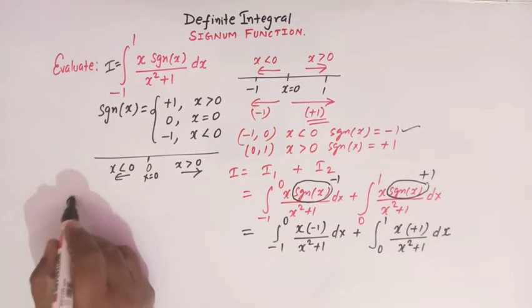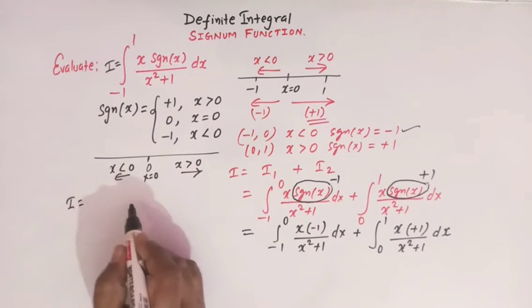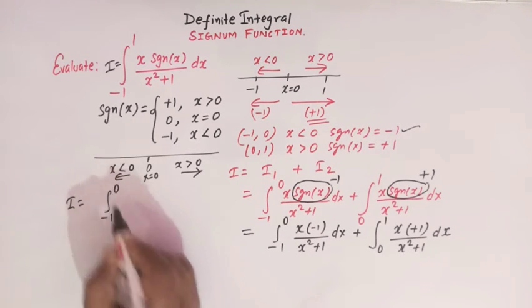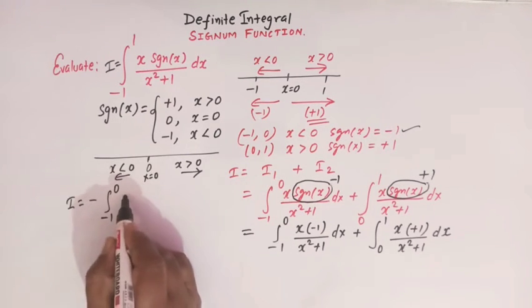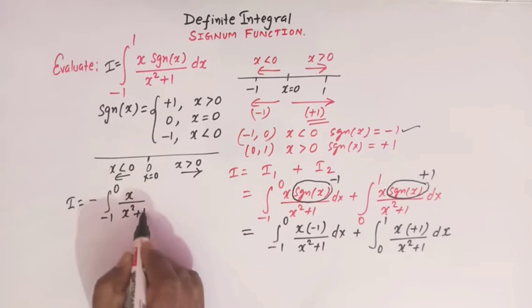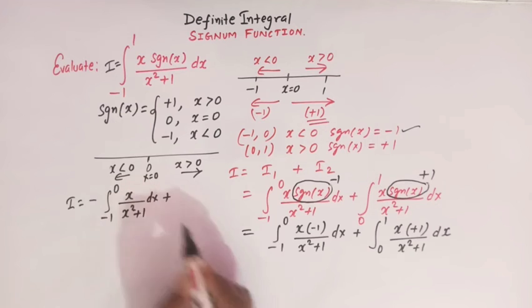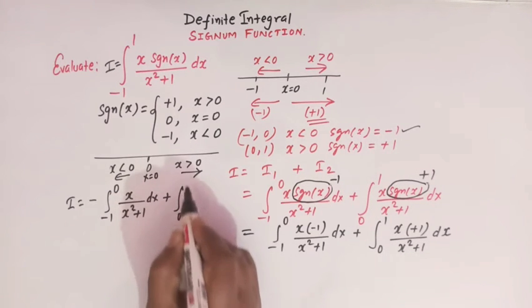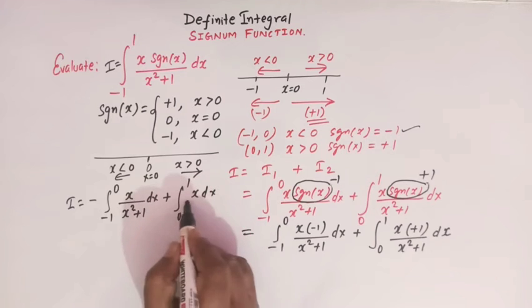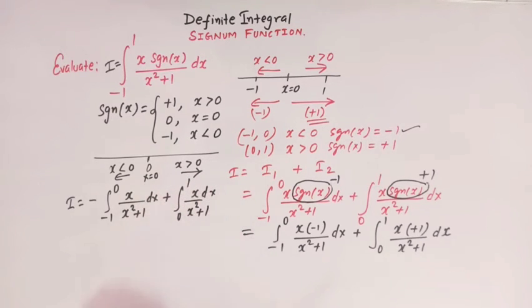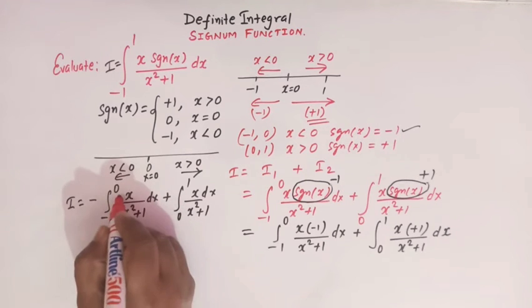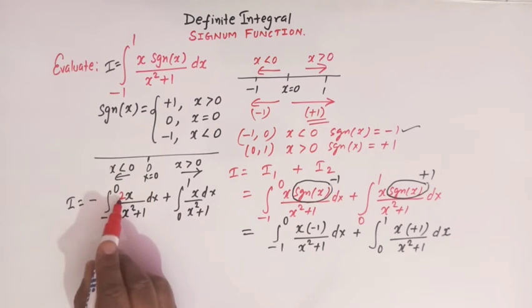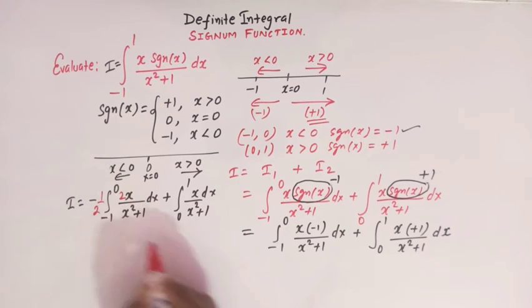Okay, so now these two integrals can further be written as minus 1 to 0, and here we have a minus sign, so we can take it outside, and we have x over x square plus 1 dx, and this integral is 0 to 1 of x dx over x square plus 1, right? Now if we closely inspect these two integrands, we can multiply this x by 2 and divide by 2, and here also.